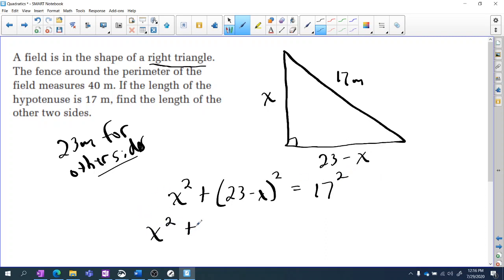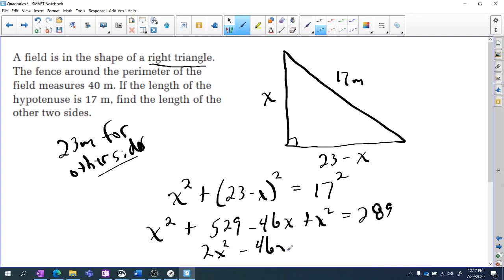So x squared plus 23 minus x squared. 23 squared is 529. So you square the first. Remember your three-step rule. Multiply and double. Square this one. 17 squared is 289. x squared plus x squared is 2x squared.